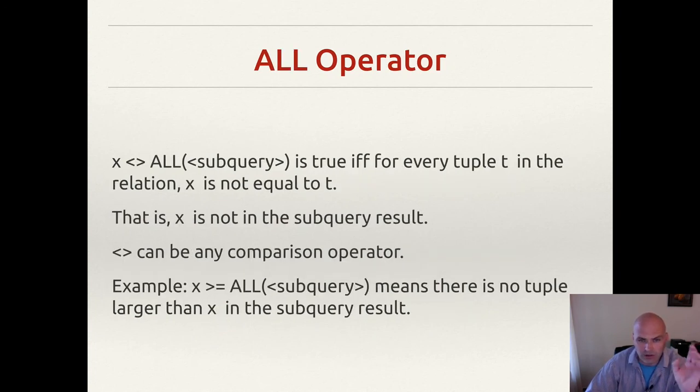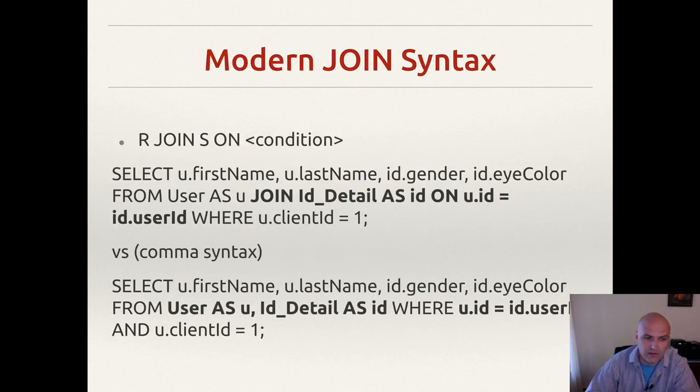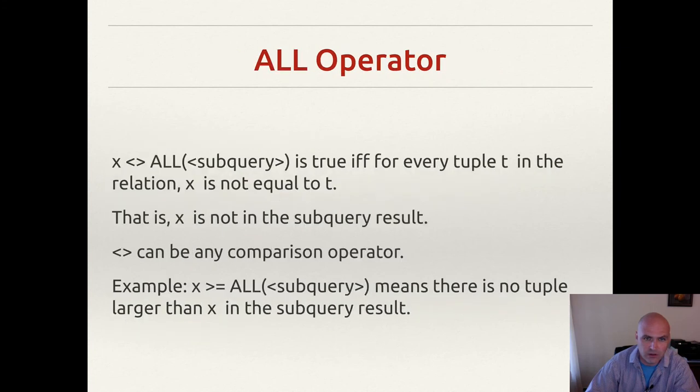ALL is again similar, but this one does actually return different results. This one is true if, for every tuple in the relation, X is not equal to T. An example would be here, down in this example: you could say that there's no tuple larger than X in the subquery result, because we're looking for X greater than or equal to ALL in the subquery.